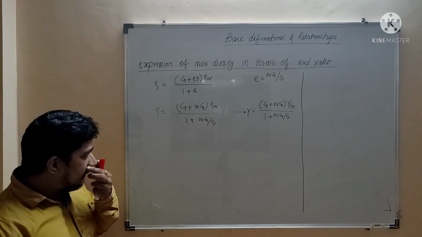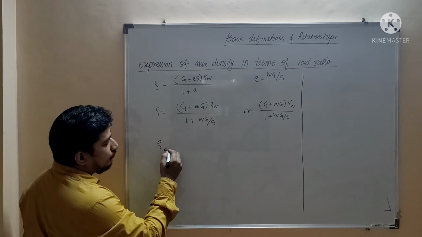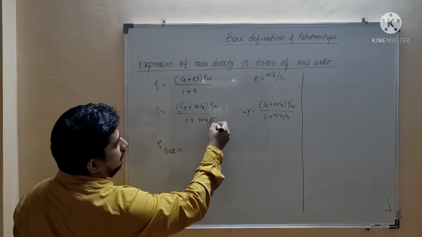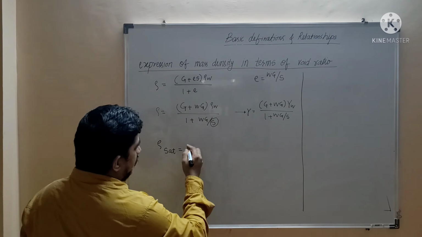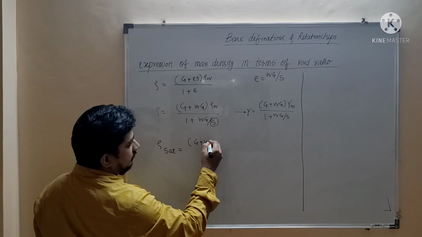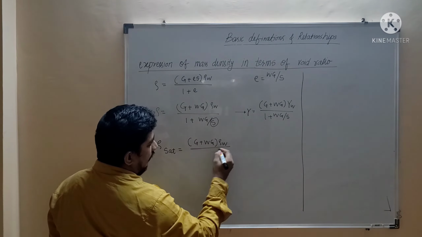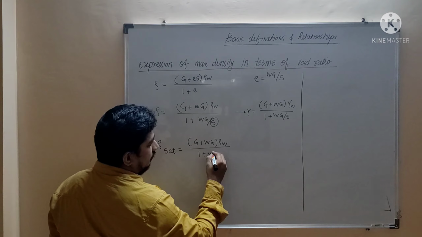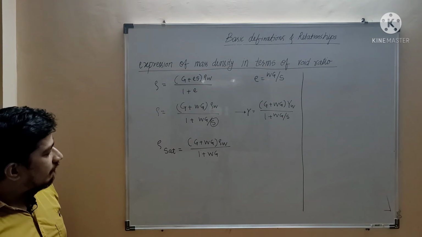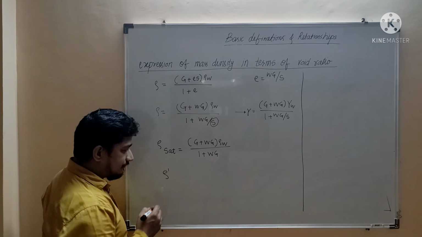Next, if the soil is fully saturated, rho sat, in that case the degree of saturation will become 1. So this formula will become G plus Wg multiplied by rho W divided by 1 plus Wg, as simple as it is. After that, rho submerged or rho dash.